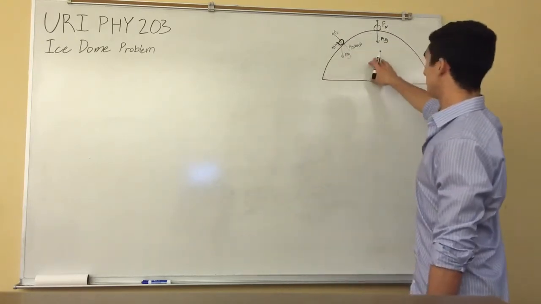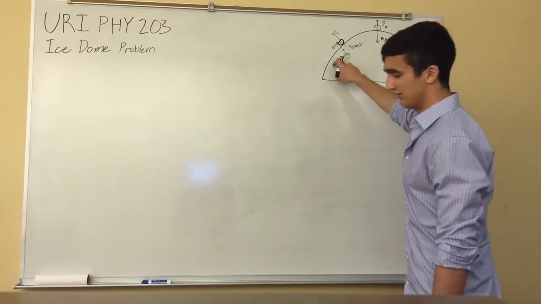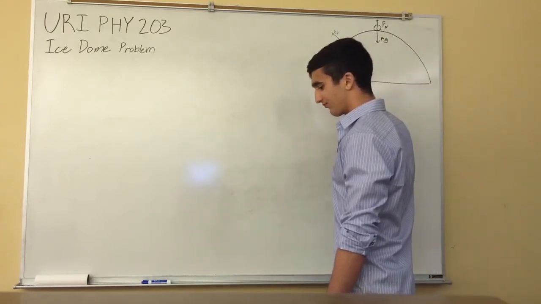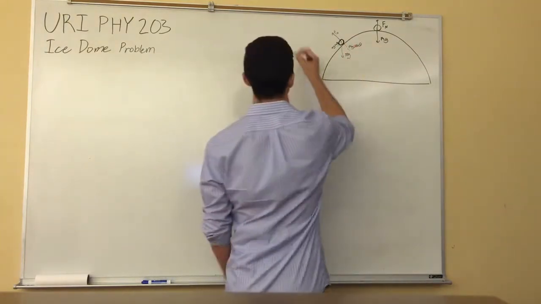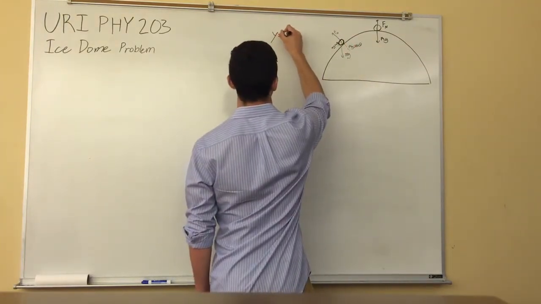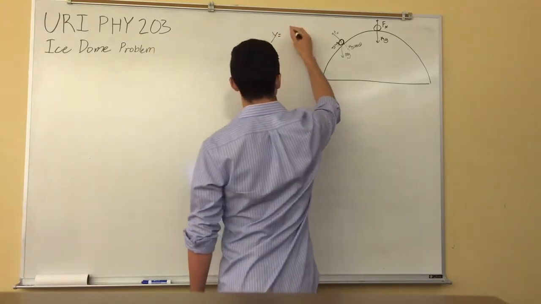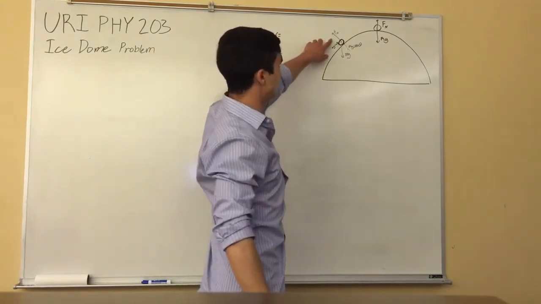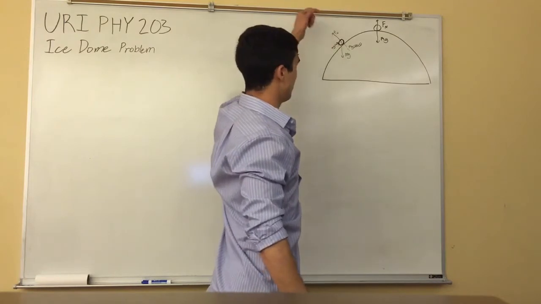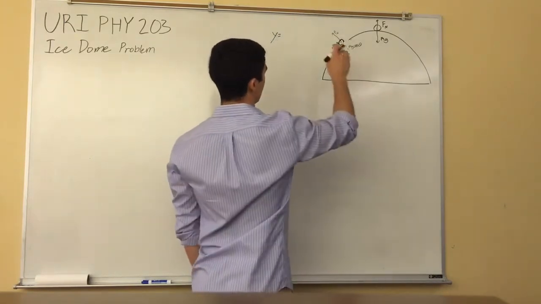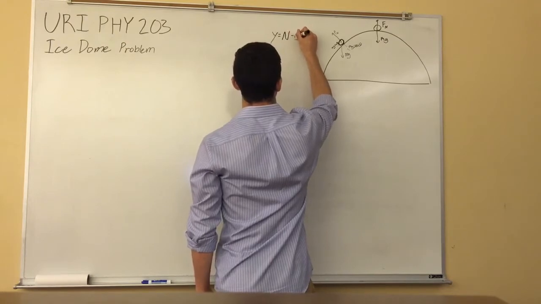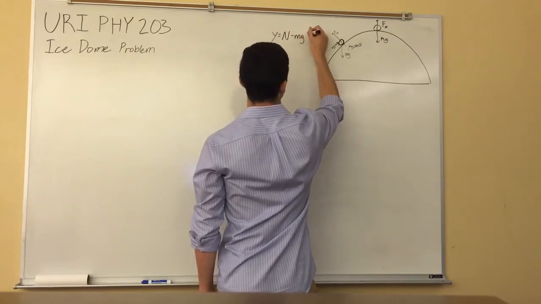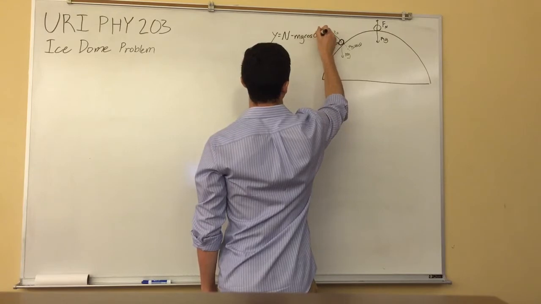So now we can deduce our forces in either direction. In the y direction, our force is equal to, notice that the normal force is going up, while these are going down, so normal force minus mg cosine theta.